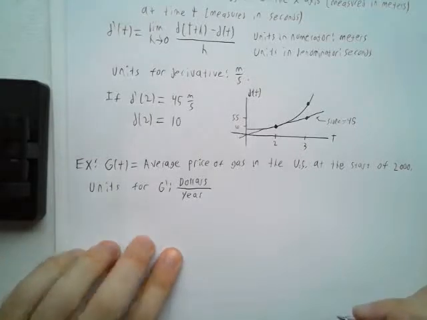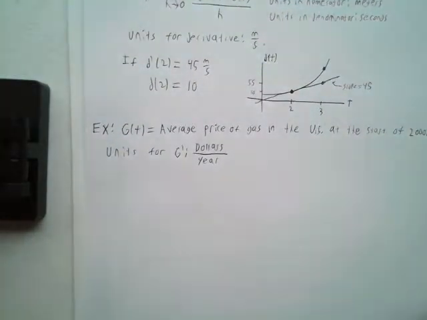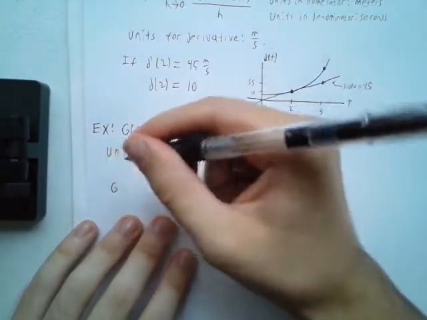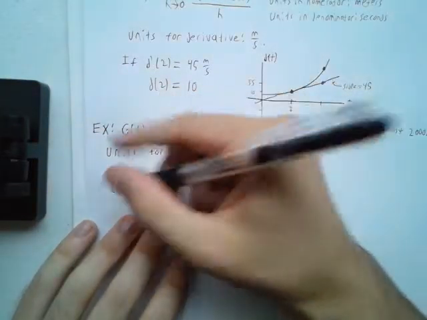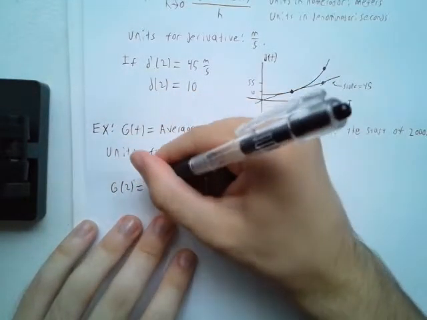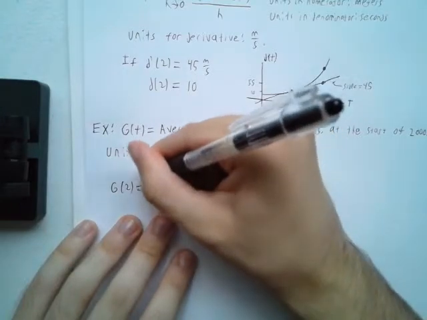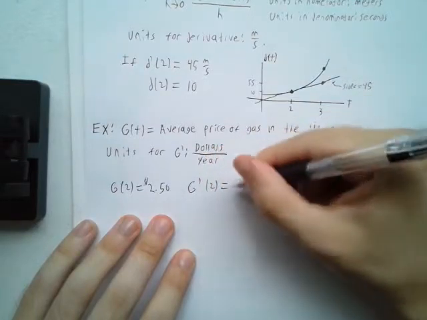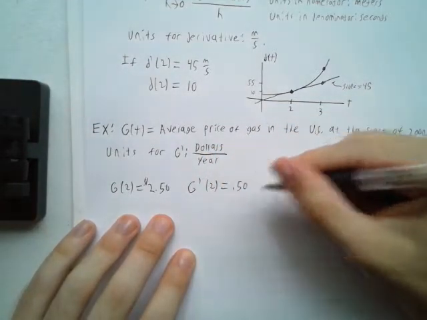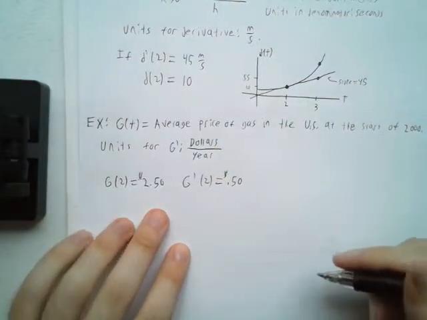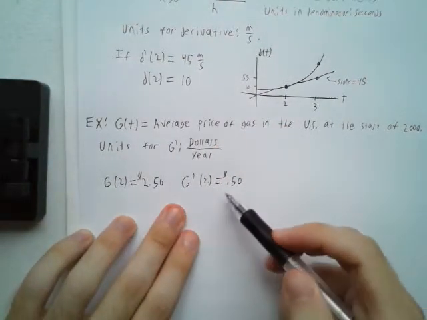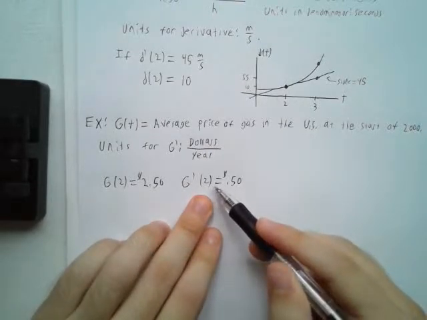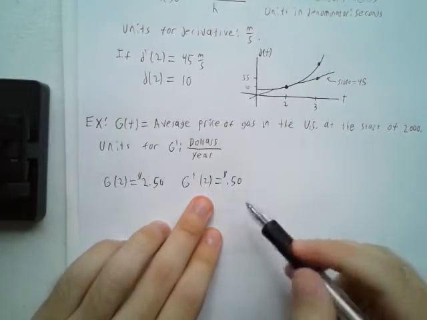And so if we were told something like, let's say g of 2 is equal to $2.50, and let's say g prime of 2 is equal to 0.5 dollars per year, then what is this information telling us? It's saying that at the start of the year 2002, the gas price was going up at a rate of $0.5 per year.